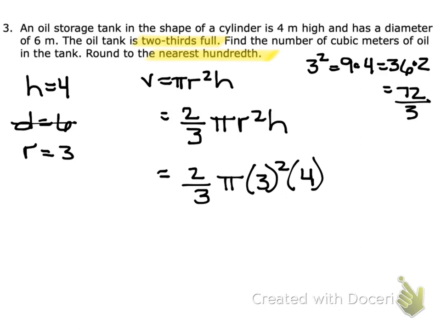Are you tracking with me how we're multiplying these? So all numbers across the top, then we divide by the bottom. Okay, so we would end up in terms of pi with 24 pi meters cubed. However, if we are asked to round our answer, that would be 75.4 meters cubed.